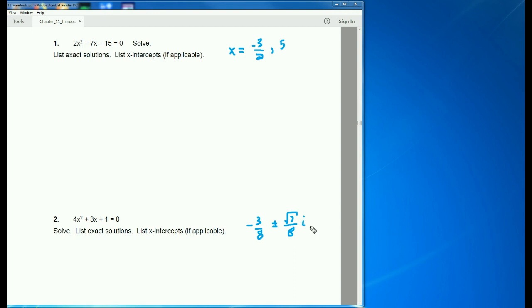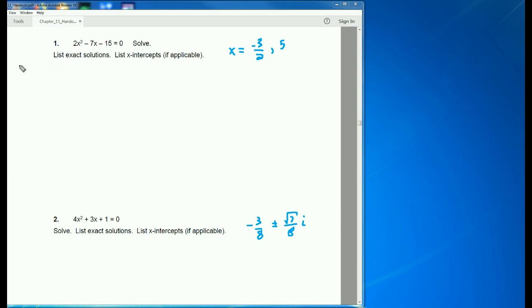So again, that's two solutions: -3/8 plus the square root of 7 over 8 i, and -3/8 minus the square root of 7 over 8 i. And of course, there are no x-intercepts. So this parabola is completely above the x-axis. Okay, so if you're good, then just go on. Otherwise, I'll go back right now and do the solutions to both of these problems.